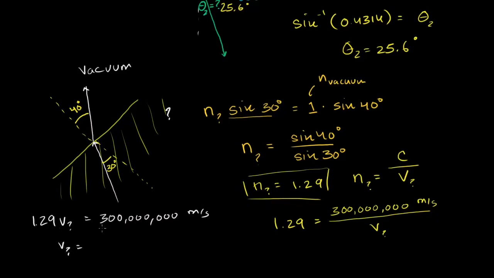And then I can divide both sides by 1.29. So v is going to be 300 million divided by 1.29. Or another way to think of it is light travels 1.29 times faster in a vacuum than it does in this material right over here. But let's figure out its velocity.